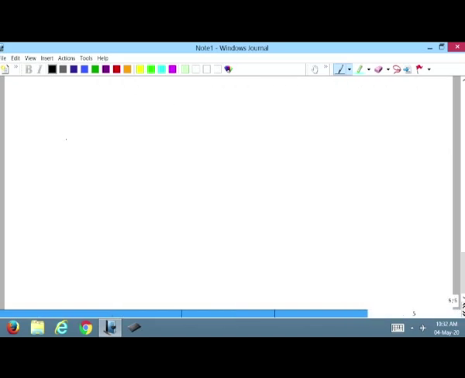Therefore, we have this situation: 12, 8. After R1 we come to 11, 8. After R2 we come to 10, 8 and G3, then we will come to 10, 7.